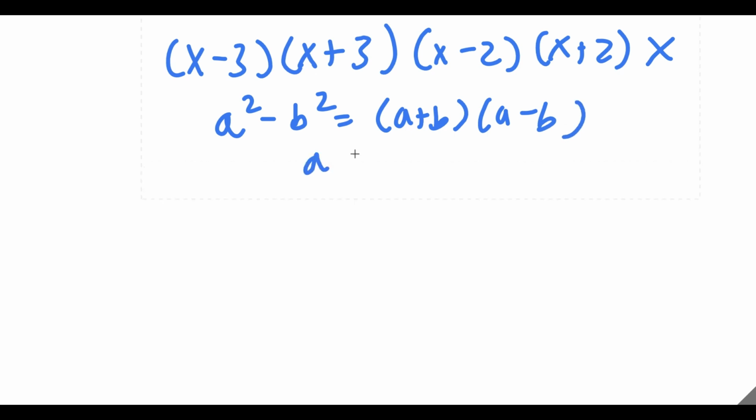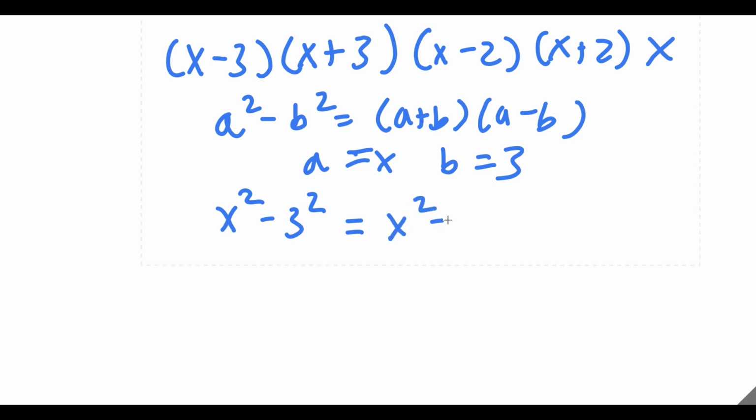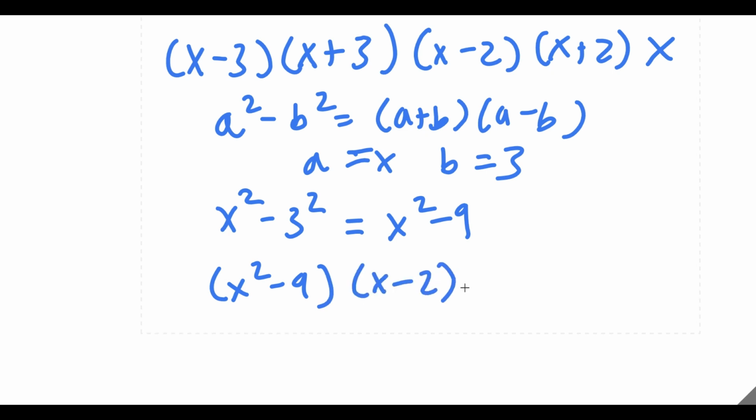So in this case, a is equal to x and b is equal to 3. So if I plug in x for a and 3 for b, I will have a squared minus b squared, so x squared minus 3 squared. Now 3 squared is equal to 9, so I have x squared minus 9. So now I have x squared minus 9 times x minus 2 times x plus 2 times x.